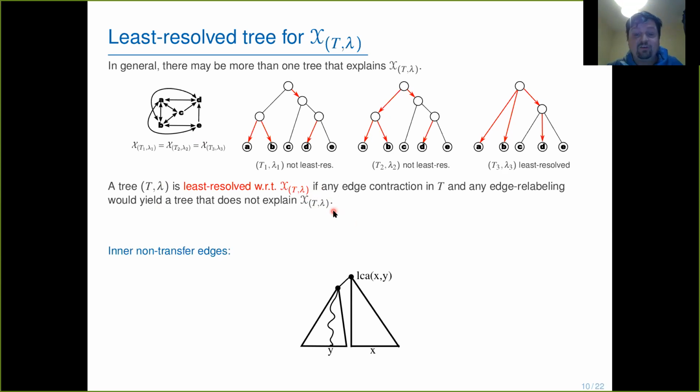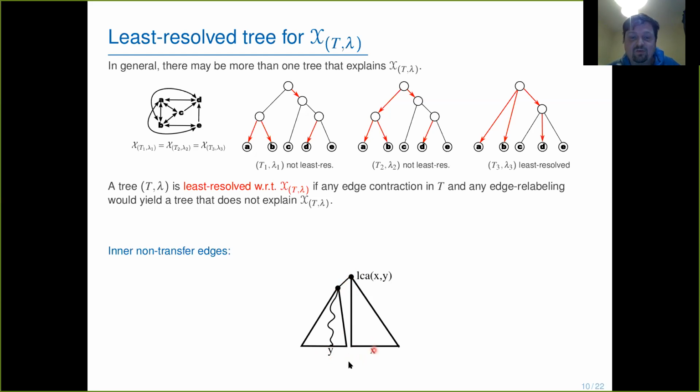Now, let's have a look at non-transfer edges. Assume that we have an inner edge, and an inner edge is an edge that is incident to non-leaf vertices only. Now assume we have a non-transfer edge as inner edge. What does it mean? I mean, we ask about the relation from X to all the remaining Y in this subtree here. I mean, this non-transfer edge doesn't tell us anything.